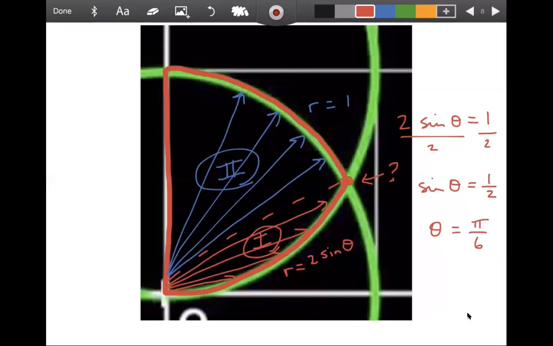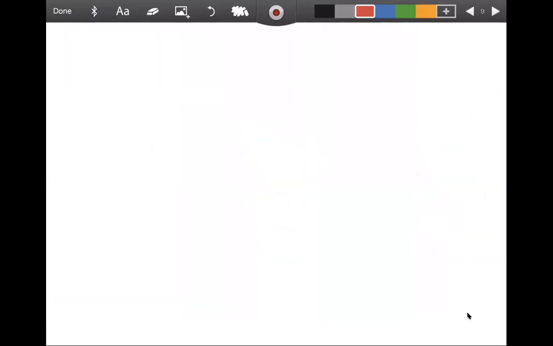So again, the area of the region is going to be 2 times area 1 plus area 2.